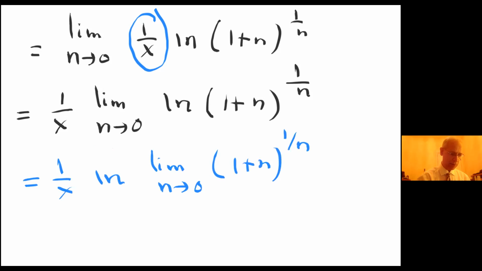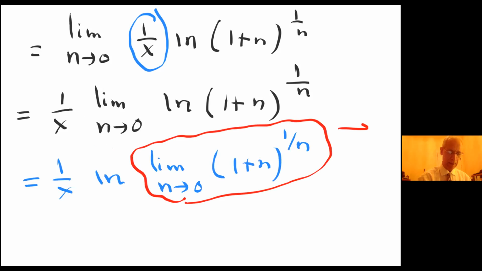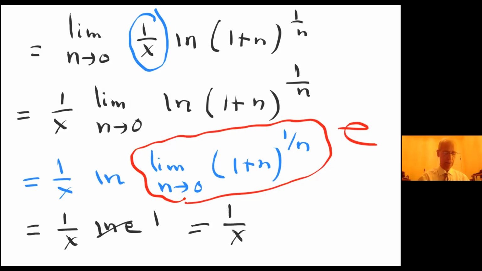And notice, goodness, this is, by definition, e. We just showed it in the very beginning. So now this equals 1 over x natural log of e. Well, what's natural log? Natural log is log base e. So natural log of e is just 1, okay? And 1 times 1 over x is 1 over x.